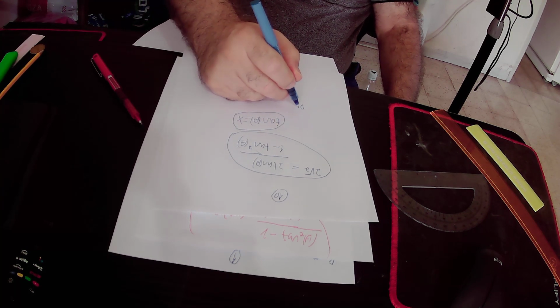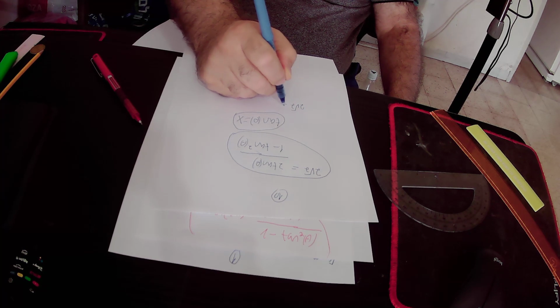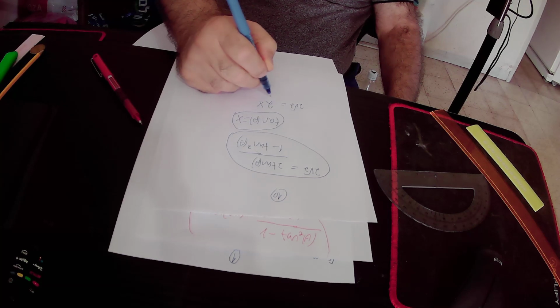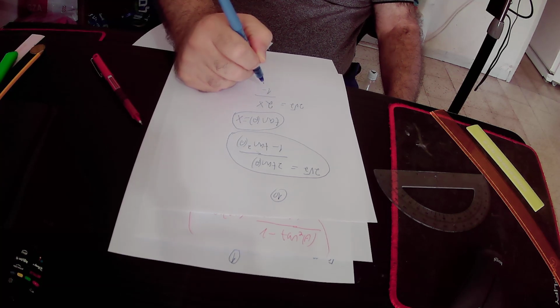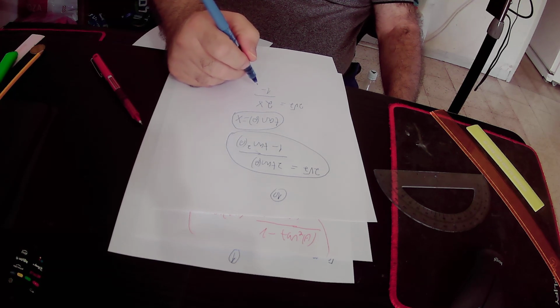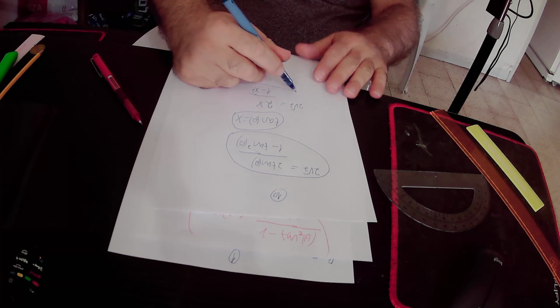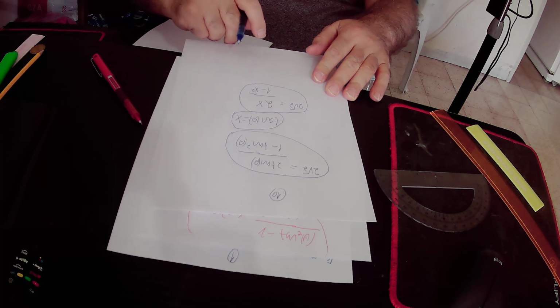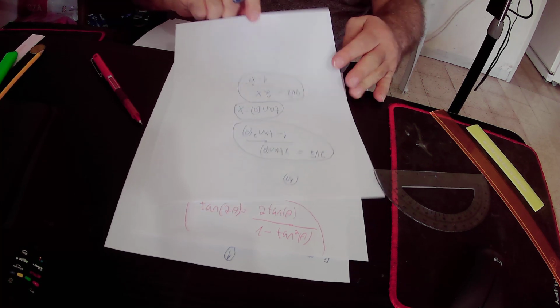So 2 times root 2 equals 2 times x over 1 minus x squared, since tangent theta squared is x squared.